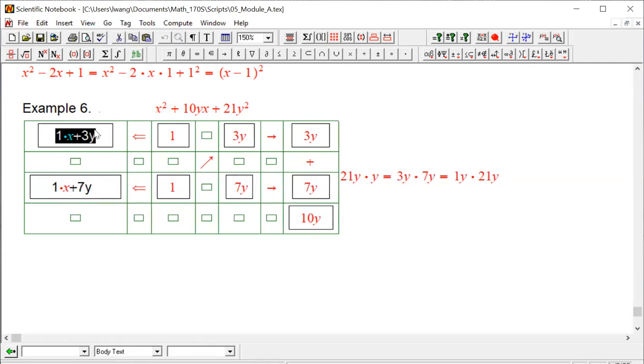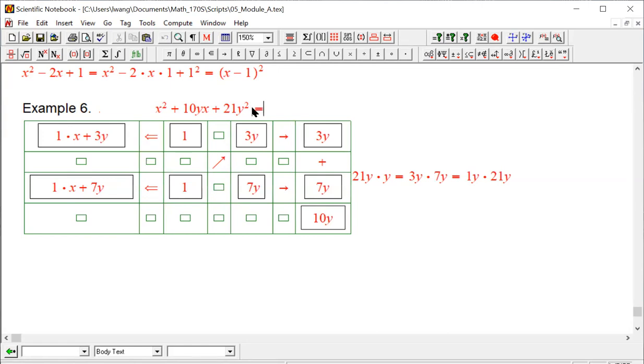So we got our factors, and we get x plus 3y multiplied by x plus 7y. And we can still check our work, right, by FOIL, the presumed factors. And if it works, then we will claim those are the factors.